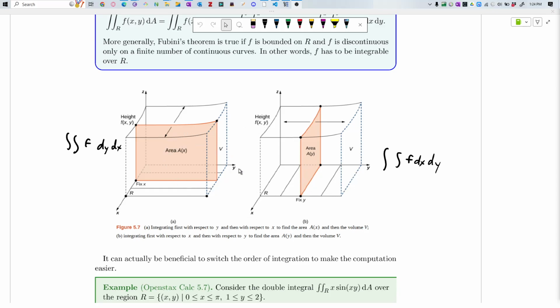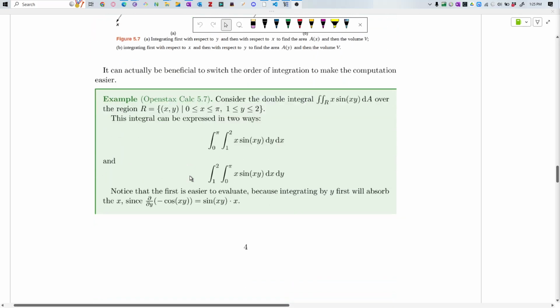And so this is a way you can visualize what these iterated integrals are actually doing. They are telling you different ways of sweeping out the three-dimensional region as part of computing the volume. So they're sweeping it out in different ways. Okay.